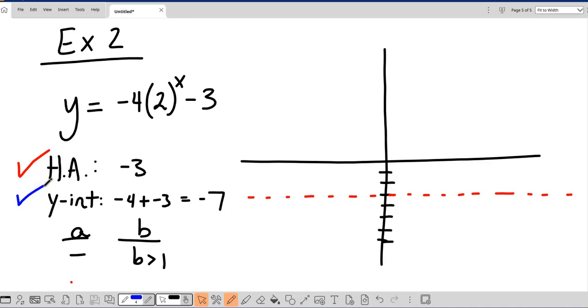My y-intercept is negative 7, so I'll be putting a dot at negative 7 on the y-axis. And then finally we have our shape with a negative a and a b that's greater than 1. We looked at our chart and we saw that it was flat on the left side and down on the right side. So my graph would look something like that.